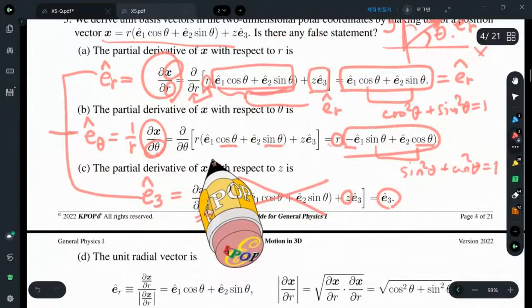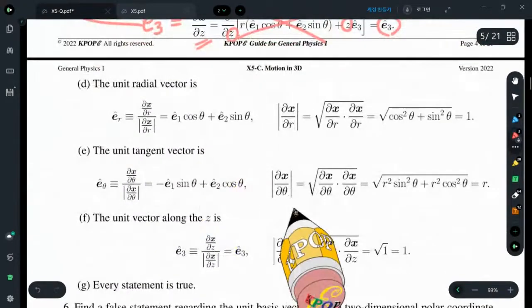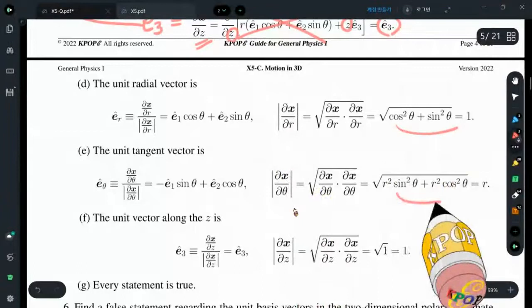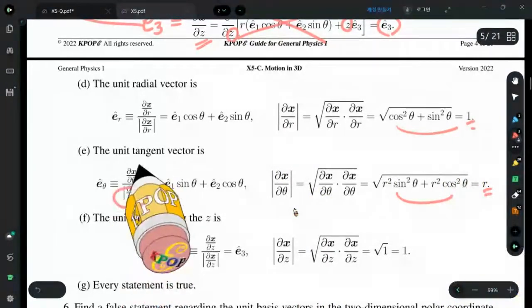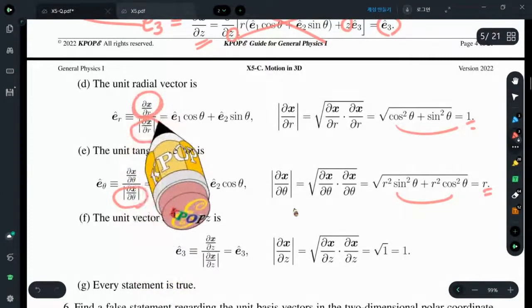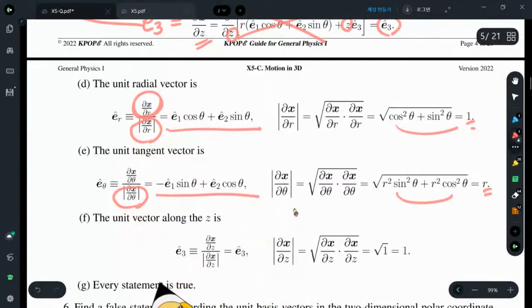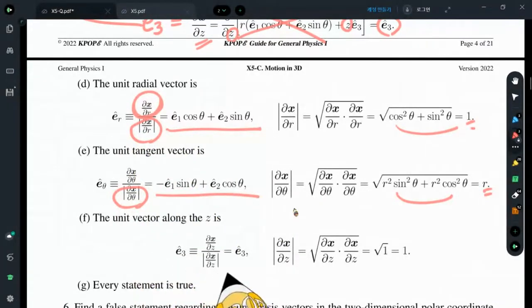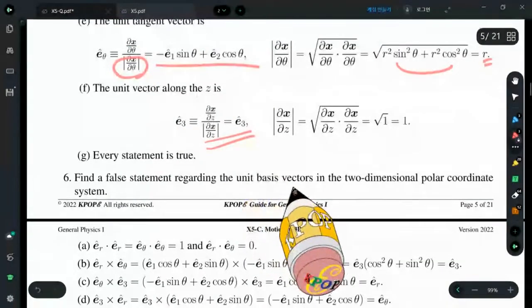Actually, this is the cylindrical coordinate system. I just have shown these at 1 and r. That's the reason why I have divided by the magnitude of this vector. This is the radial vector, it is a tangent vector, and this is along the z direction.